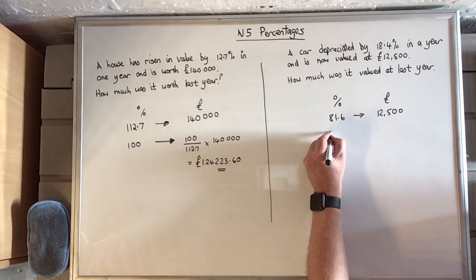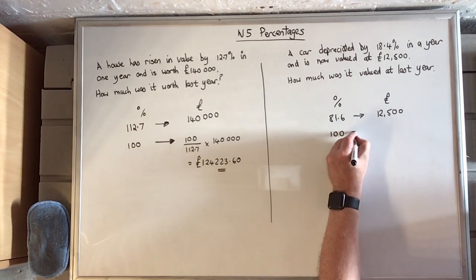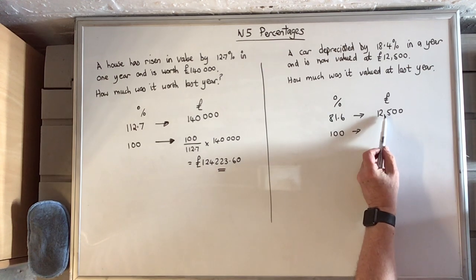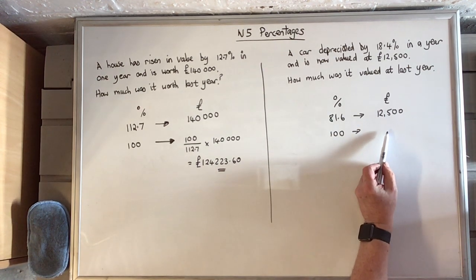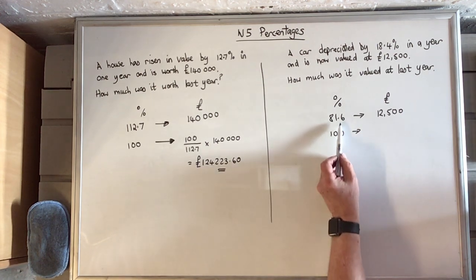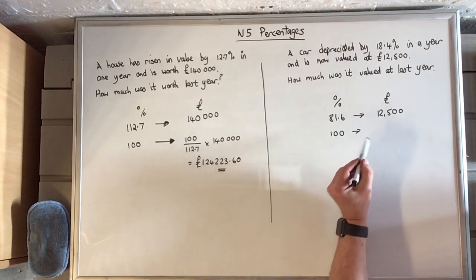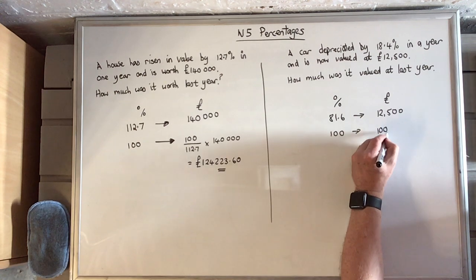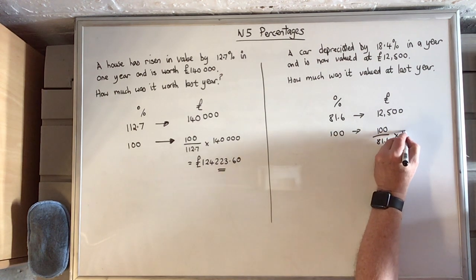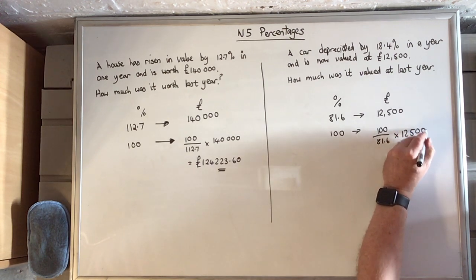Well, it was 100% in terms of percentages. And we want this value here to be bigger than that, because last year it was worth more money. So the value here must be bigger, so we look at the two percentages and we make the bigger fraction, which is 100 over 81.6 times 12,500.